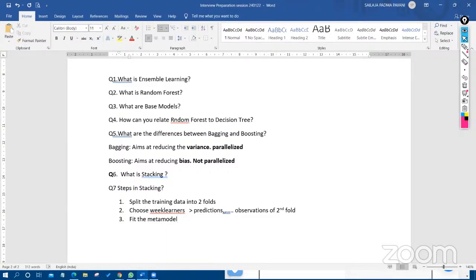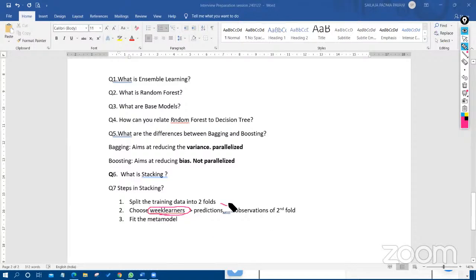So finally, what is going on? Whatever inputs you have taken here as weak learners, depending on these weak learners only you are getting the outputs, isn't it?